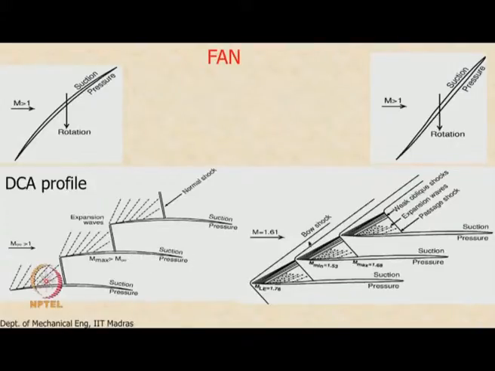turbofan engine. So, the controlled diffusion airfoil tries to minimize or lessen this difficulty by using a concave and then a convex portion. The flow is decelerated in the concave portion from a Mach number of 1.61 to about 1.53 or so, and then this is followed by a convex portion where the flow inevitably accelerates again to a Mach number of 1.68.